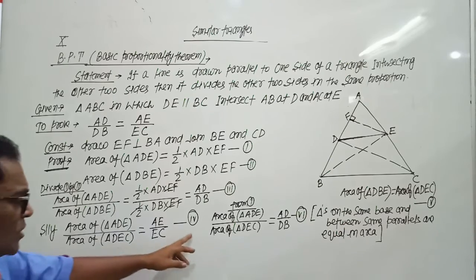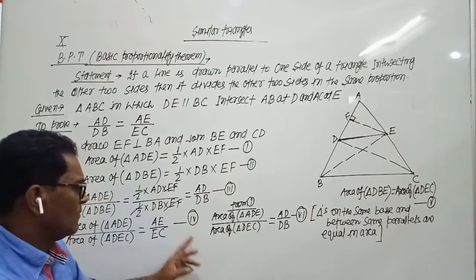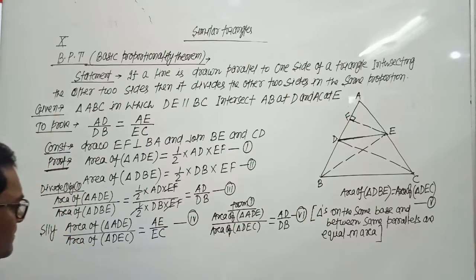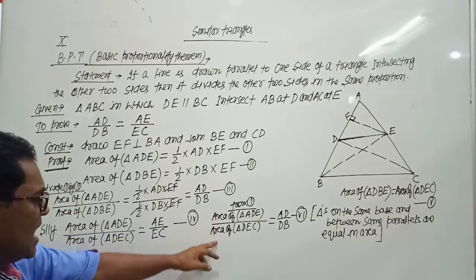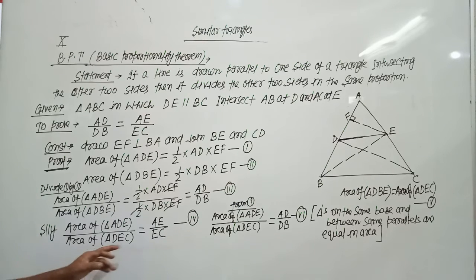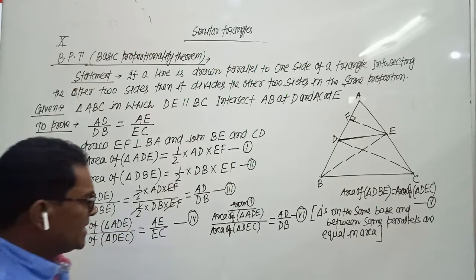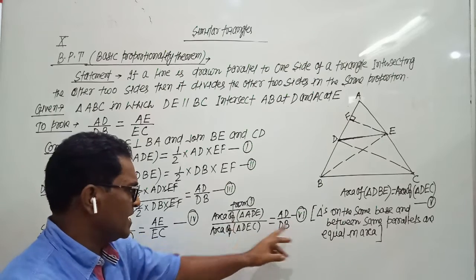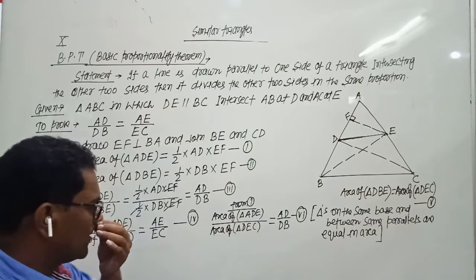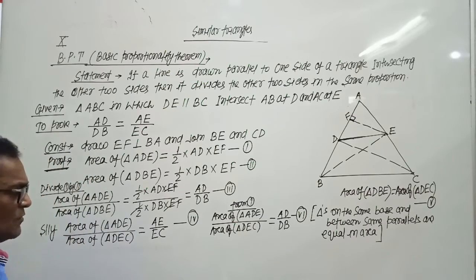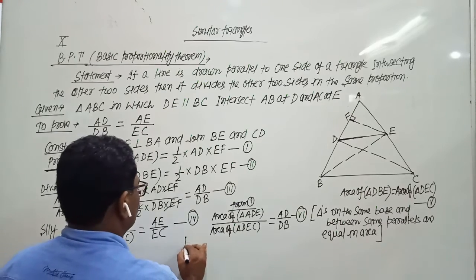So from fourth and sixth, the LHS of both equations are equal. The LHS of equation number 4 is area of triangle ADE upon area of triangle DEC, and the LHS of equation number 6 is also area of triangle ADE upon area of triangle DEC.